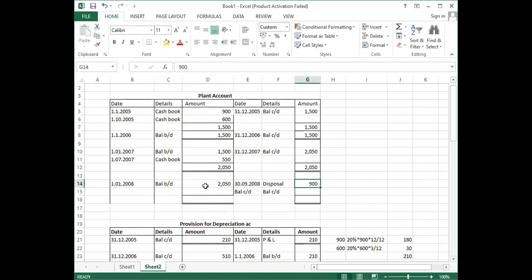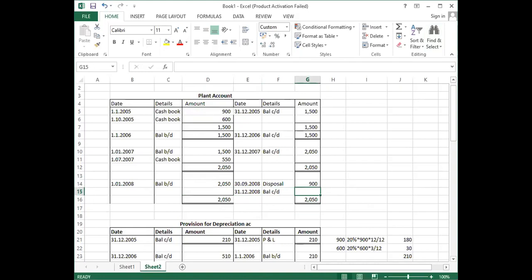And because there is nothing else that happened, what will be our balance here in terms of the asset? Balancing will be 2050. And therefore you expect the balancing figure on 31st December 2008 to be how much?